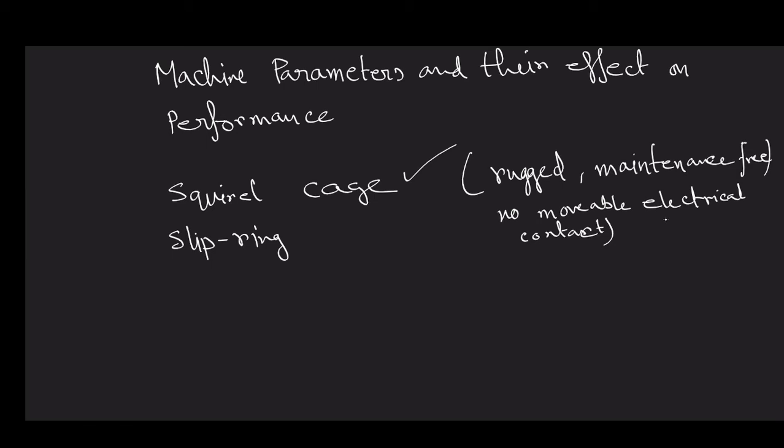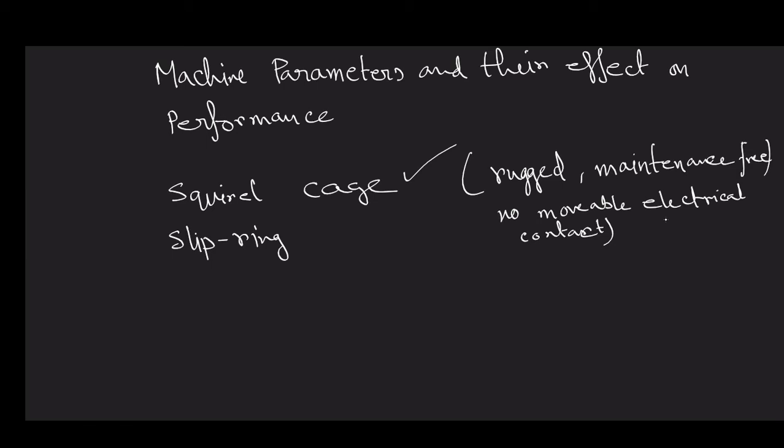Also, an important point is that if it is spark free, you can place it where combustible gases may be present, like in mining applications. If you want to drive some load there, you cannot go with a DC motor, because a DC motor has brushes and brush point contacts.